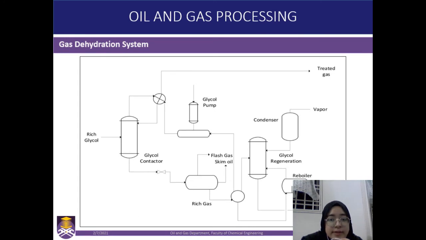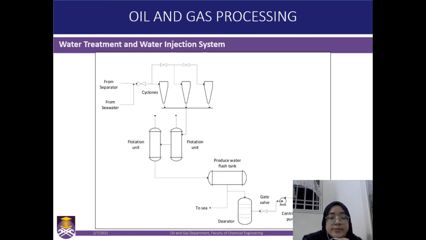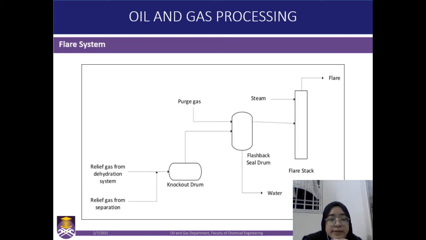So this is the PFD for gas treatment system, for which we have chosen to use the gas dehydration system to remove the water from the gas flow. This is the PFD for the water treatment and water injection system. And this is the PFD for the flash system in the facilities.